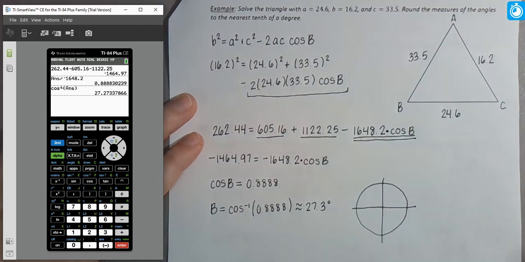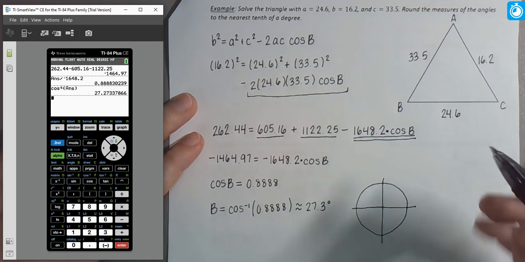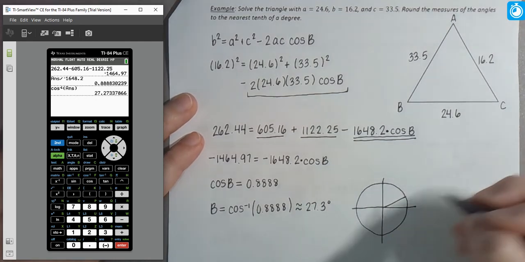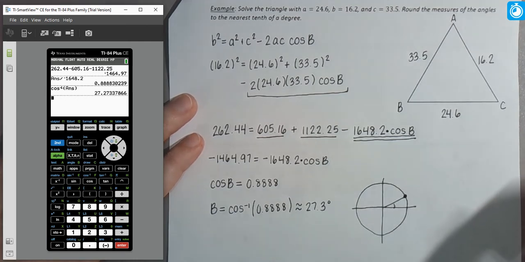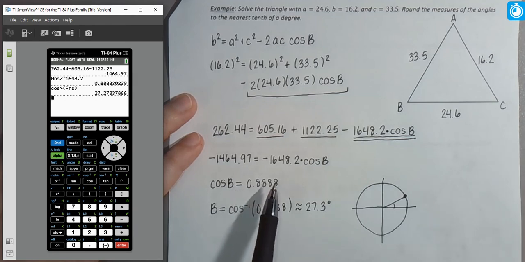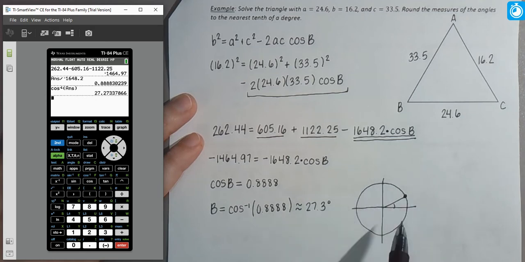So cosine, we know, represents our x coordinate. And so we found an angle about 27.3 degrees, so something about like that, from our inverse cosine. Well, if we're saying this is the value of cosine, there will also be another angle here on the unit circle that has this as its value for cosine.